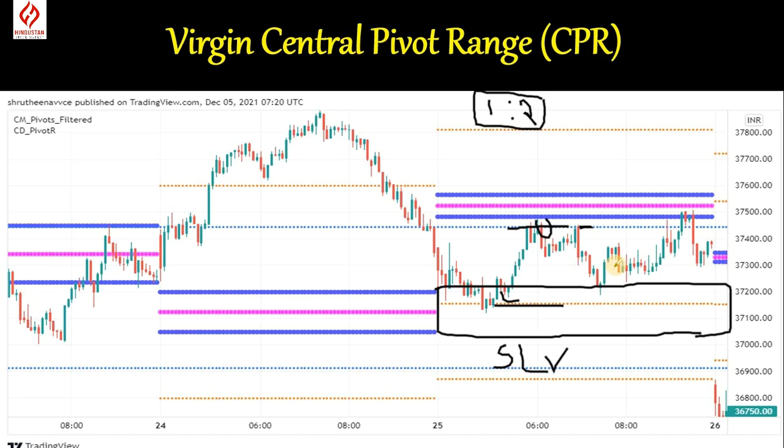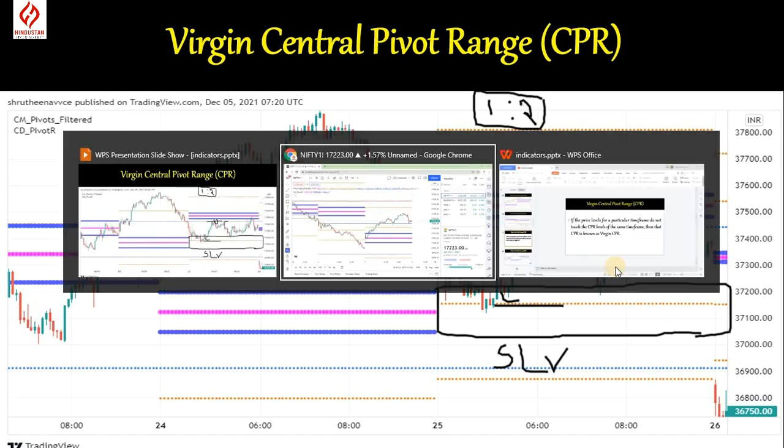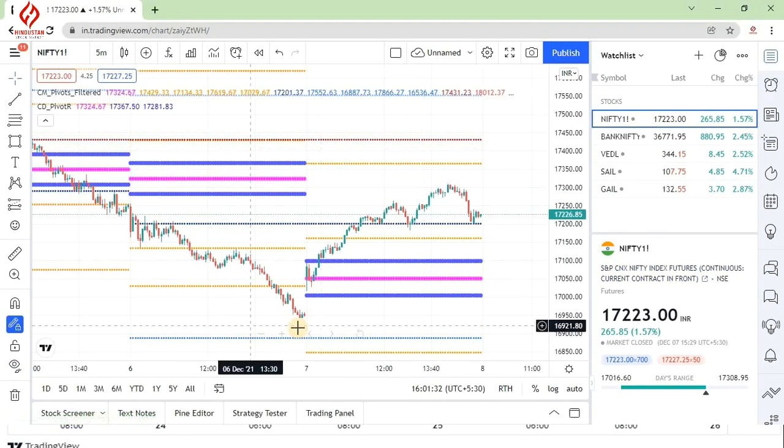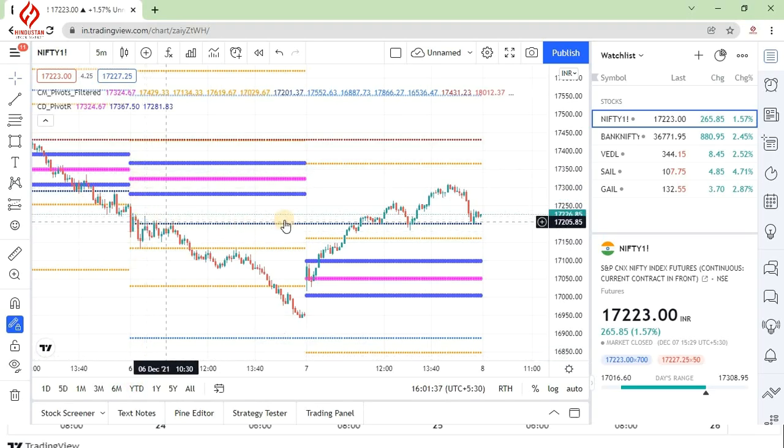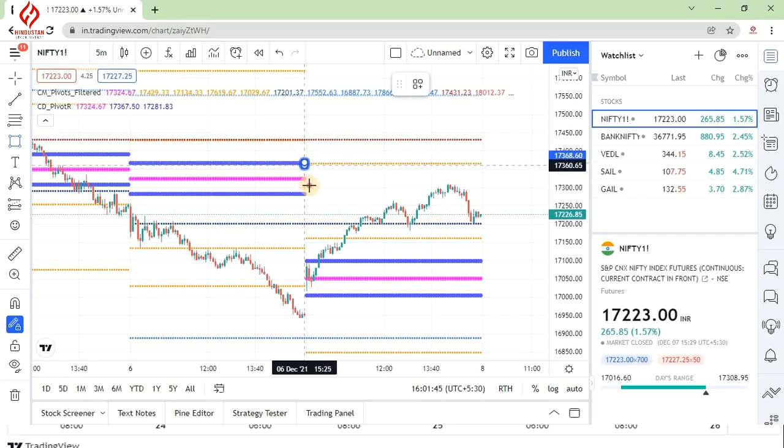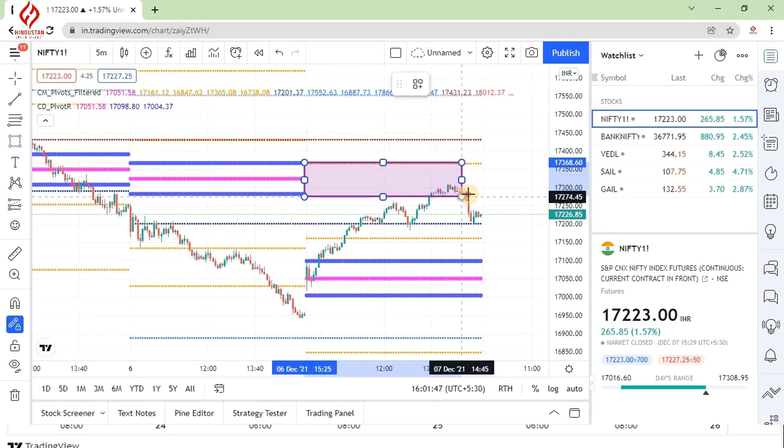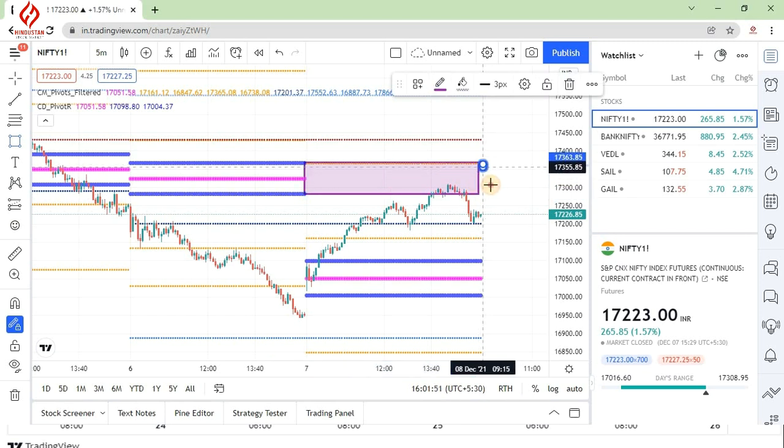So let us understand this concept on a live chart. Yesterday, that is 6th December, there is a virgin CPR, you can see there is no candle inside the CPR. So what you should do is just mark the virgin CPR for today. Similarly, you can mark for tomorrow, like this you can mark, right?